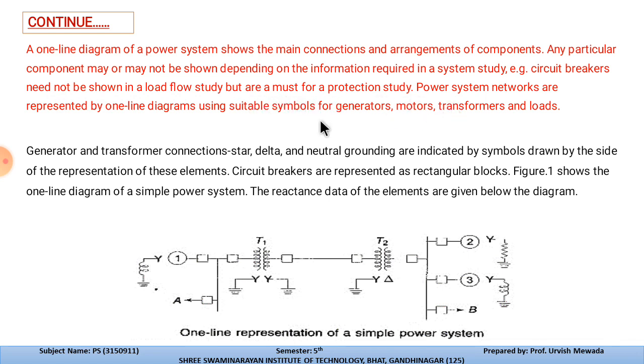So power system networks are represented by only one line diagram, using suitable symbols for generators, motors, transformers and loads. Here we have indicated the circuit breakers also, but with symbols. And generator and transformer connections are in star and delta as per our requirement.